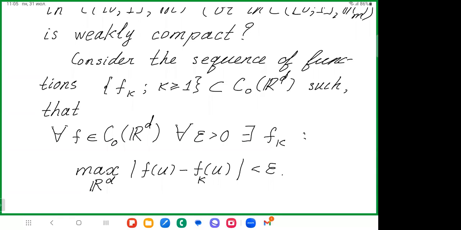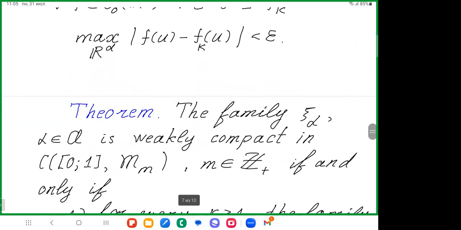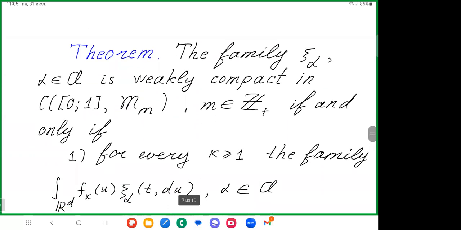By the way, it will be a good exercise to construct such a family. Also, let us note that this f_k can be chosen smooth, so not only C_0, but C^1_0, C^2_0, or even C^infinity_0. Okay. Now, let me present the main theorem.